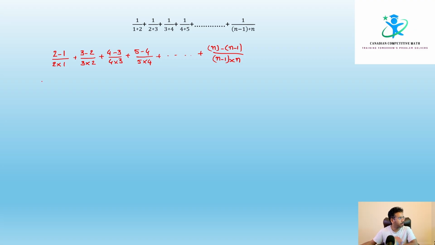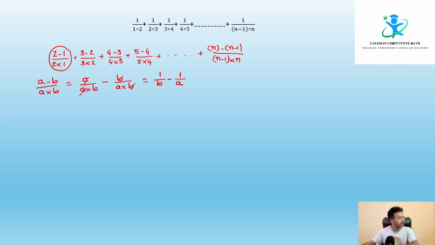If I have a fraction a minus b by a times b, I can write it as a by a times b minus b by a times b. Cross off a and a here, cross off b and b here, this becomes 1 by b minus 1 by a. Got it? So how can I write this first term?